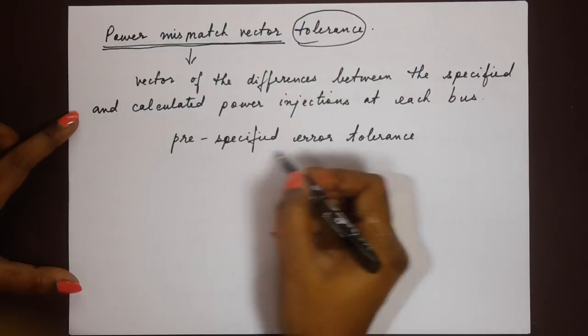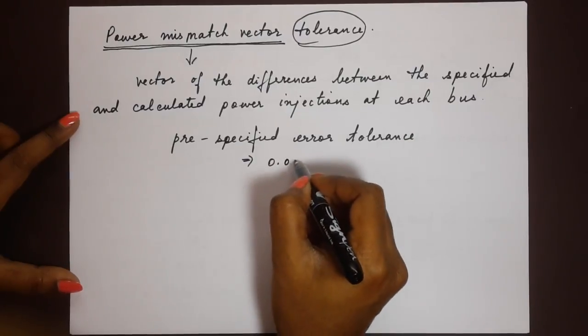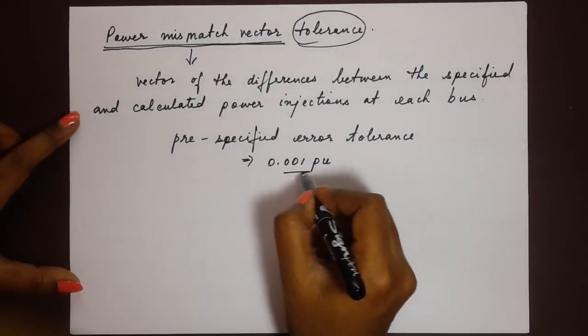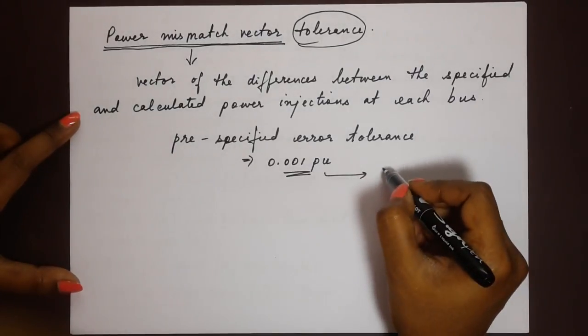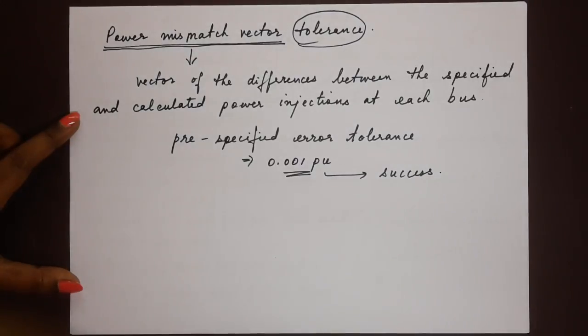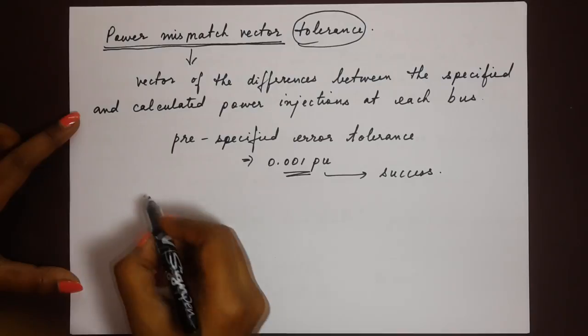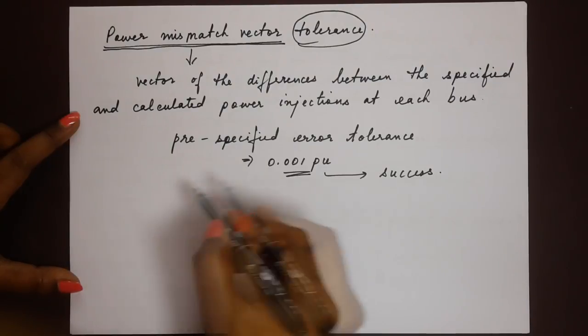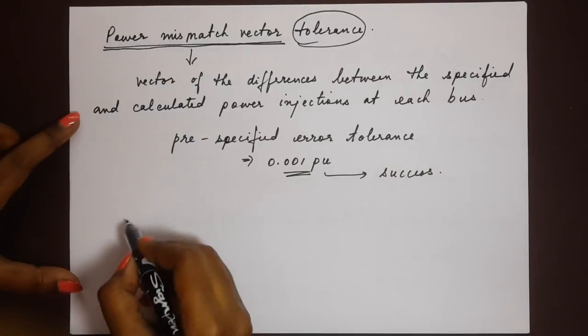Now in general it is to be at 0.001 pu. So if it is within this amount, then it is known to be a success. If it is not, then there is some problem.